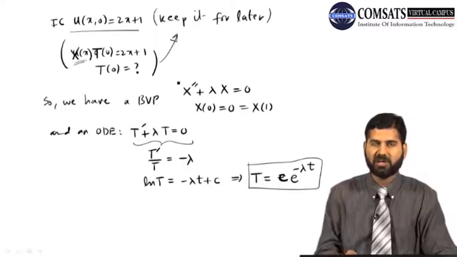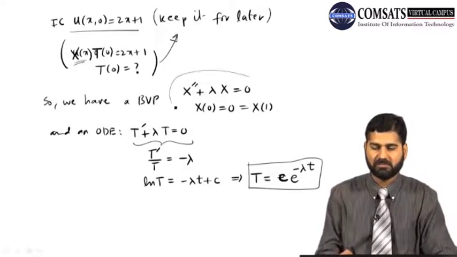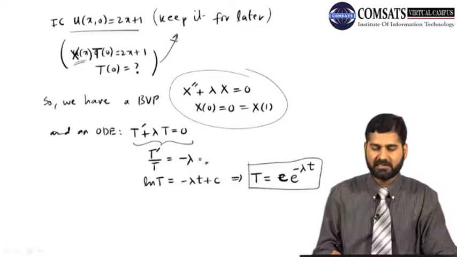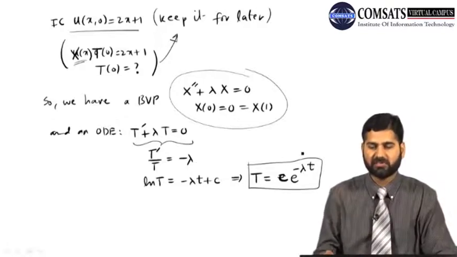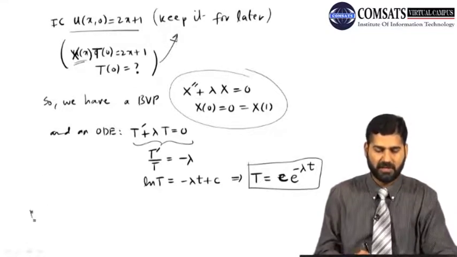Alright? So I got this solution for T. But here I need to solve the boundary value problem. Here it doesn't matter what lambda is, your solution is fixed. But here it will matter. Here for different values of lambda, you will be getting different solutions. Right?